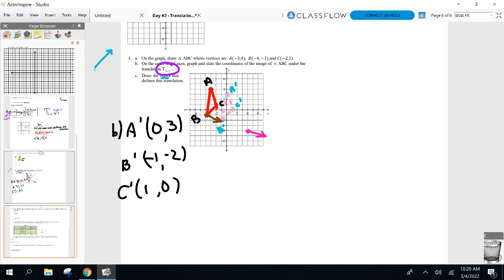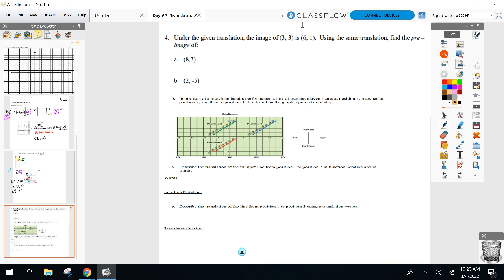I had to throw in this little challenge for you. I didn't know if you could handle it or not, but I threw it in there. Prove me wrong that you can't handle this. So here we go. I have a translation. I went from 3,-3 to 6,-1. So in a second, you'll figure out what I did. Up, down, left, right, how many?